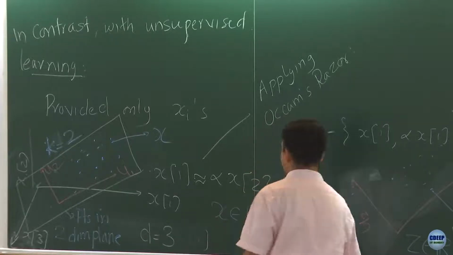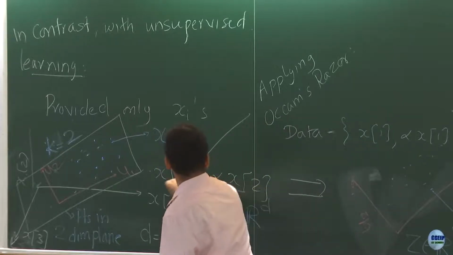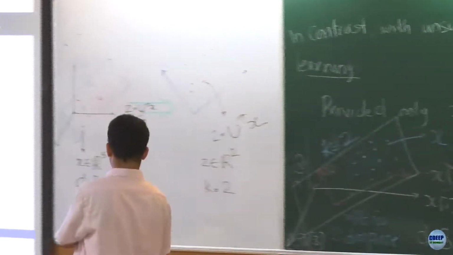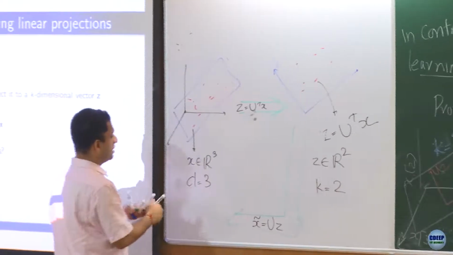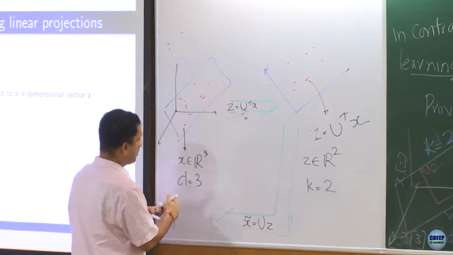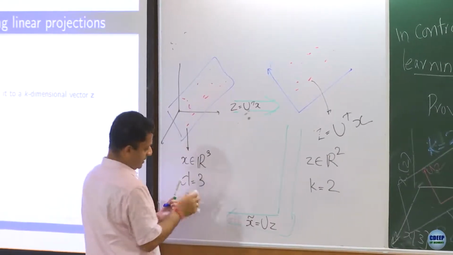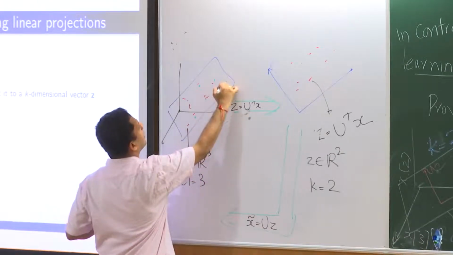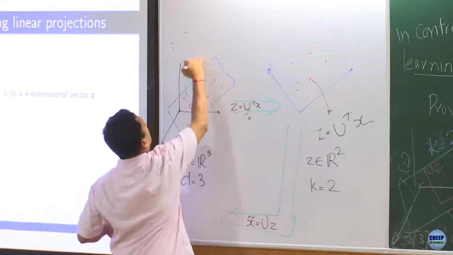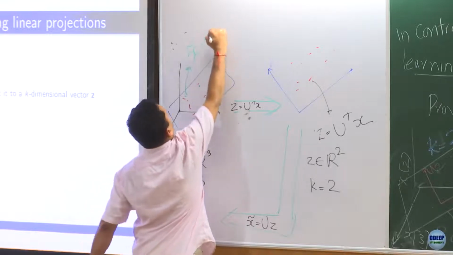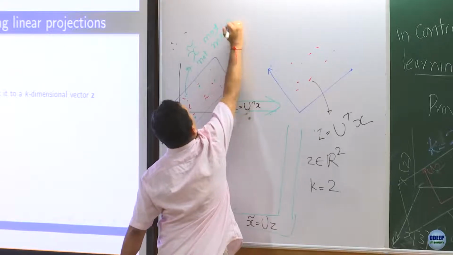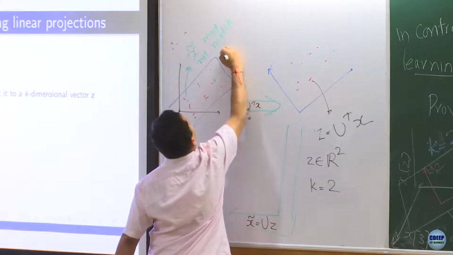So please note that this doesn't hold exactly in reality. Now when I go back, my points may not be exactly there, it may be off. The x tilde may not match x exactly.